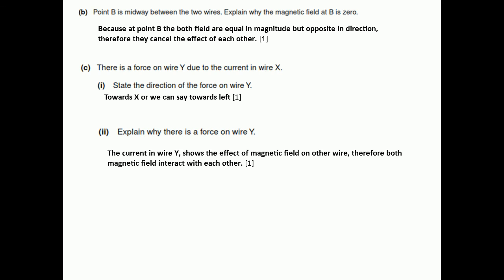So, when the current is flowing in wire Y, there is a magnetic field around wire Y. Similarly in wire X, because the current is flowing, there will be a magnetic field around wire X. So, both magnetic fields are attracting each other. That's why the force is there, due to the current and the current producing a magnetic field around the wires.